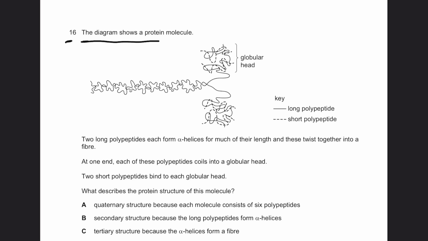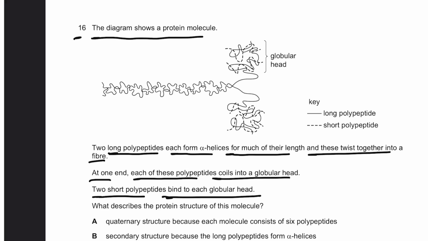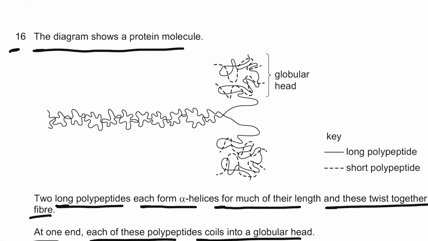The diagram shows a protein molecule. Two long polypeptides each form alpha helices for much of their length, and these twist together into a fiber. At one end, each of these polypeptide chains coils into a globular head. Two short polypeptide chains bind to each globular head. Let me explain, guys. This entire structure is a protein molecule.